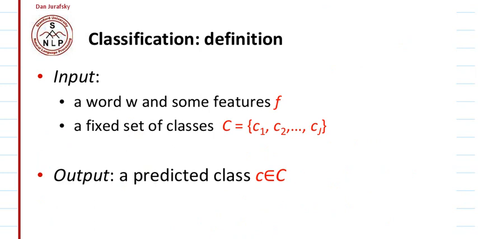While training a classifier, we need our target word along with the input features. We are doing this for a particular target word, a specific ambiguous word.